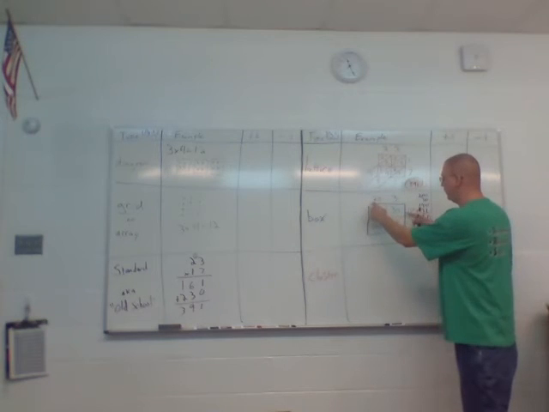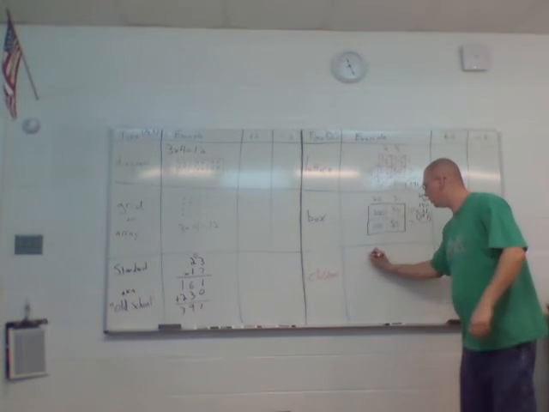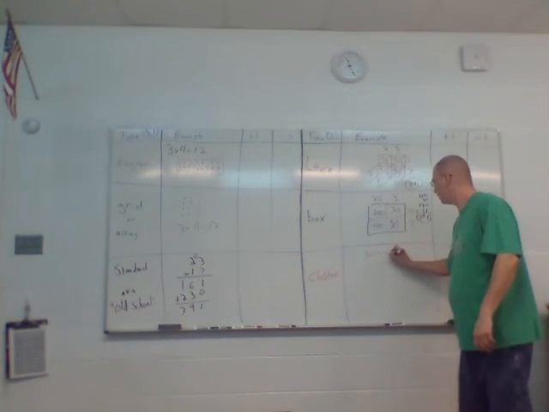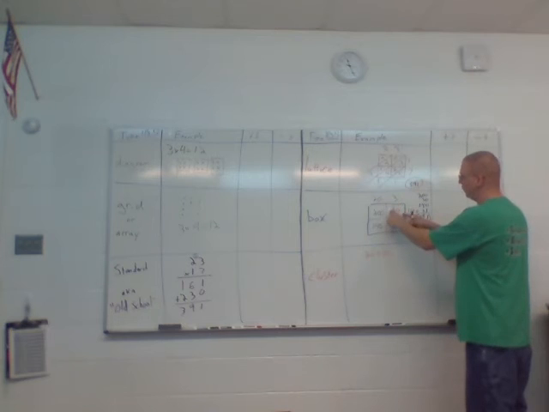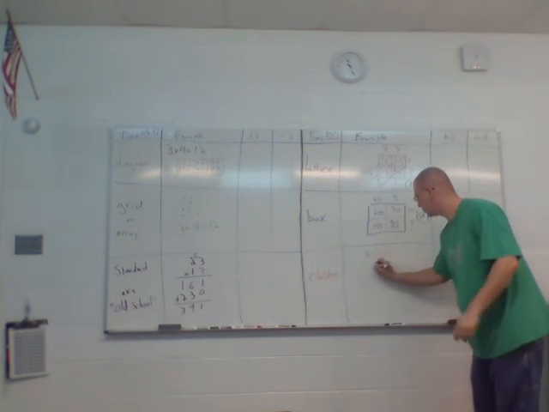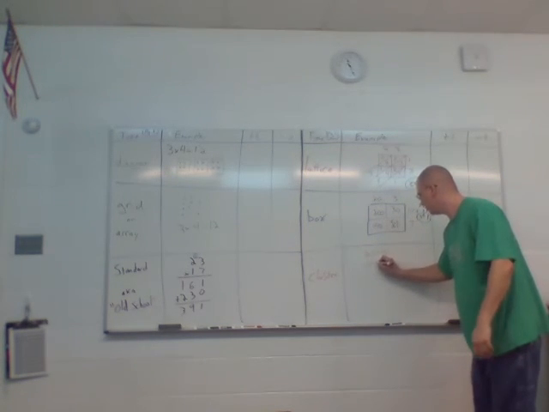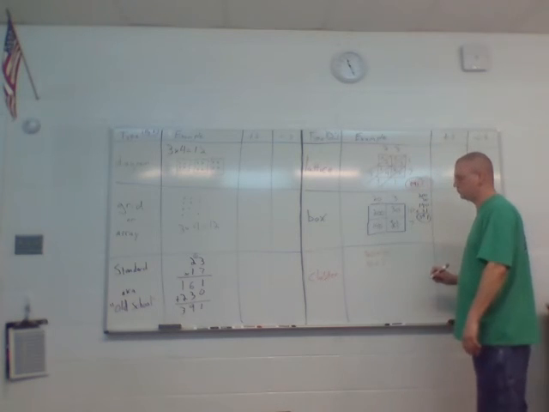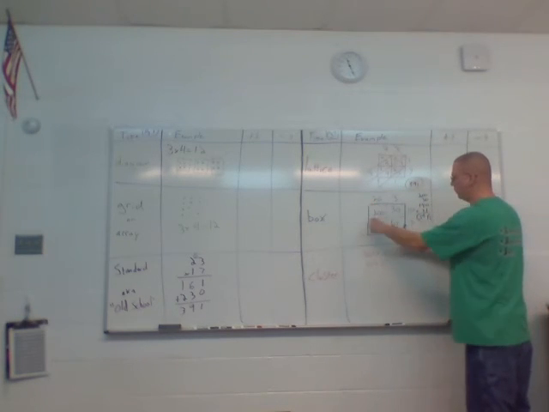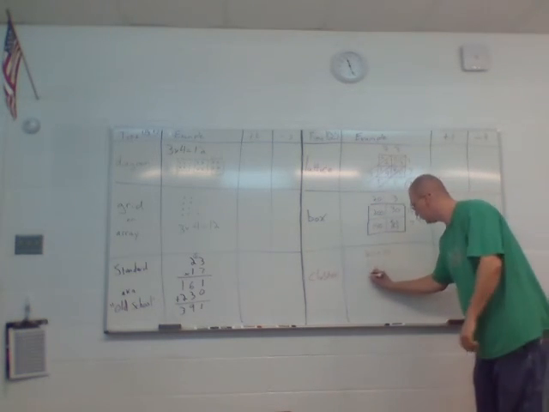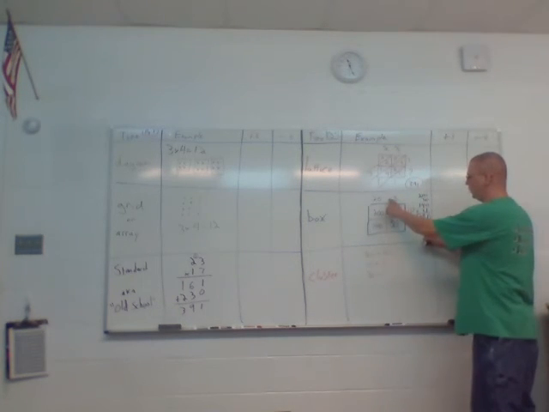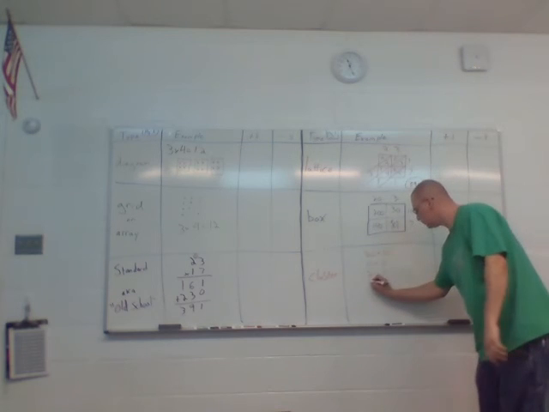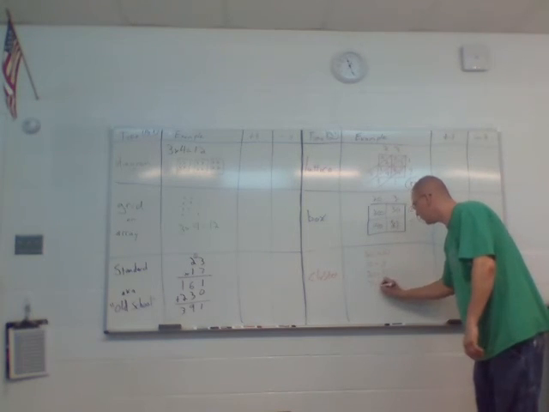I'm going to take the tens place times the tens place, 20 times 10. Then I'm going to take the tens place times the ones place, 10 times 3. Tens place times ones place, 20 times 7. And ones times ones, 7 times 3.